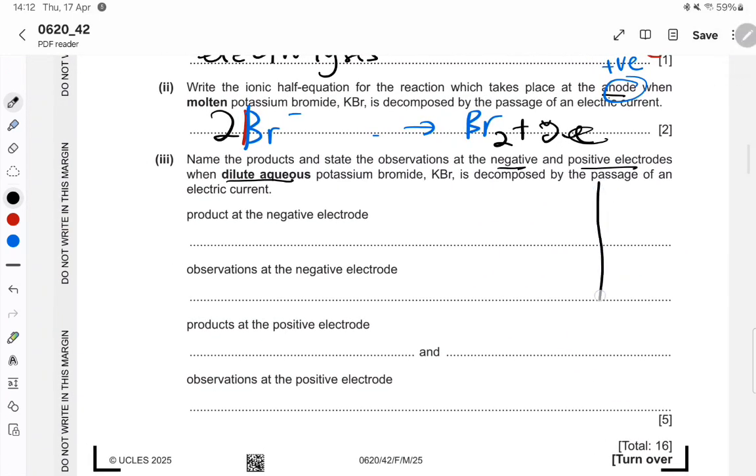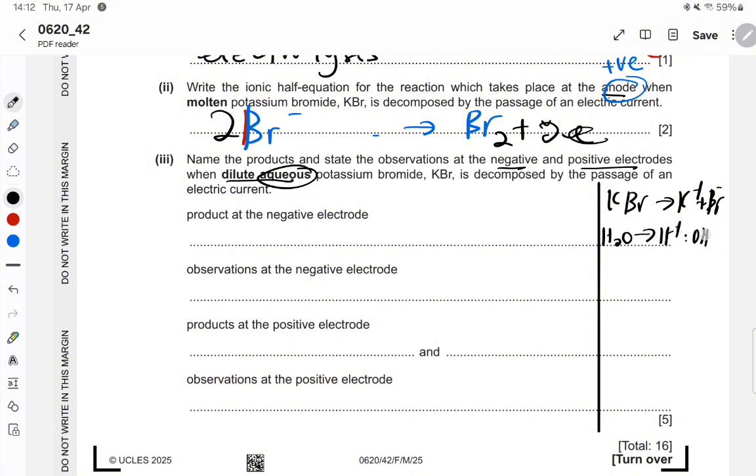So I'm going to write it on the right hand side here. First, we've got potassium bromide forming potassium and bromide, right? Then don't forget we've also got aqueous, which suggests that water is there. So we've got H plus and OH minus. And the key word, dilute.